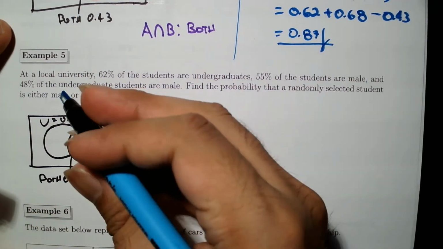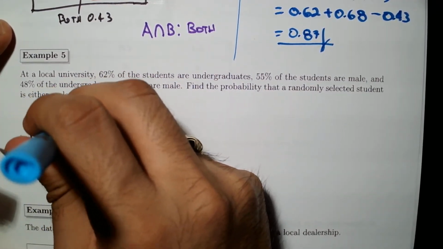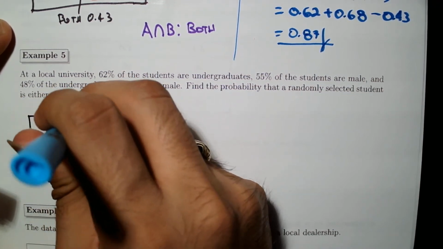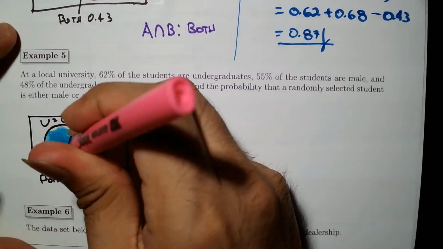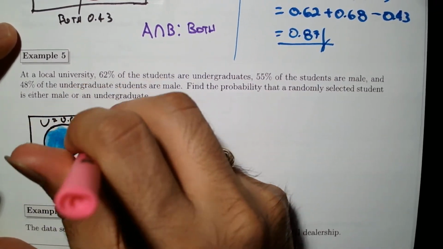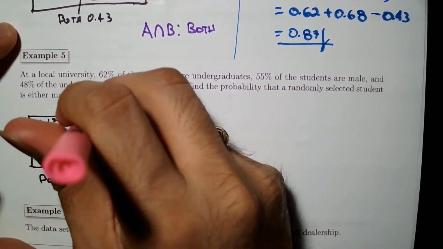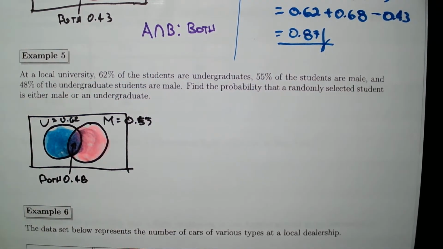Undergraduates are going to be blue, and male students are going to be pink. Combining, we get the intersection, which is purple, and we are going to define the events in a very similar way.